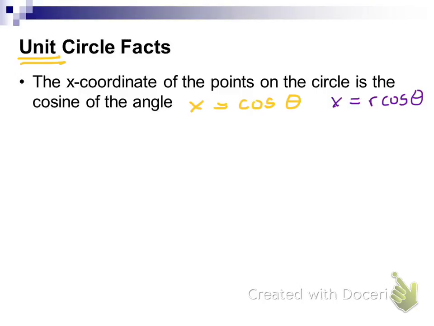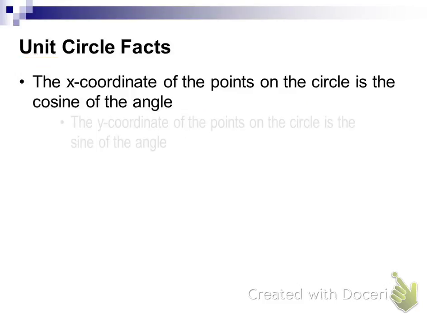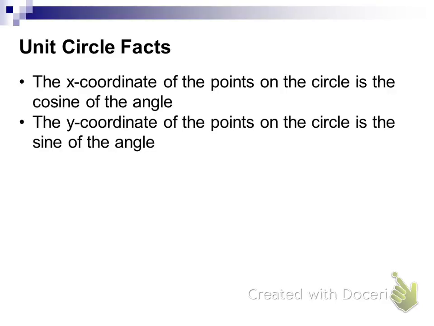All right, what do we learn about the y-coordinate of the points? Y is equal to the sine of the angle. All right, so if we just wrote this in trig, y is equal to sine of theta. And a little bit later, if we change the radius of the circle, or the magnitude of the vector, or the location of the complex number, it's going to be very repetitive.